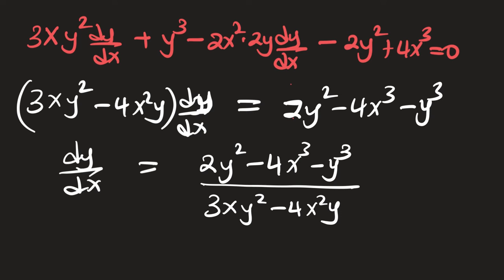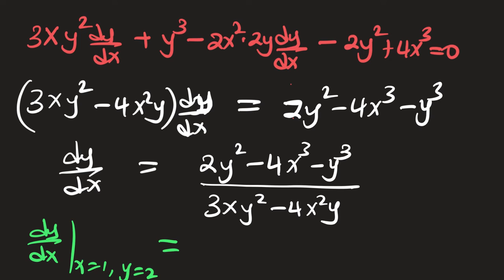The next thing we have to do is to plug in, because the question says find the slope of the tangent to the curve at the point x equal to 1 and y equal to 2. So we need to get dy dx. What is dy by dx when x is equal to 1 and y is equal to 2? It's all about plugging in. x is equal to 1, y is equal to 2, so wherever there is y, we plug in 2.